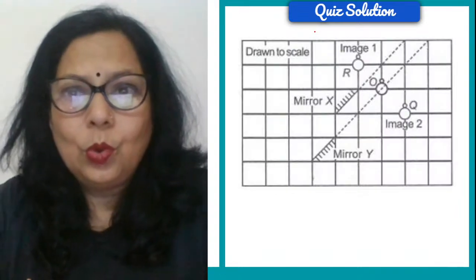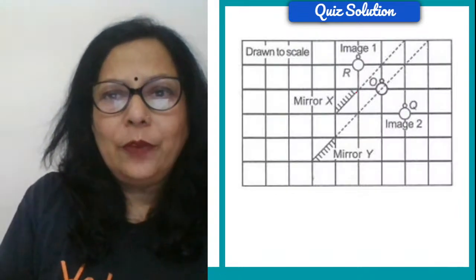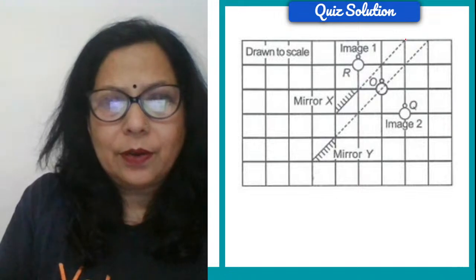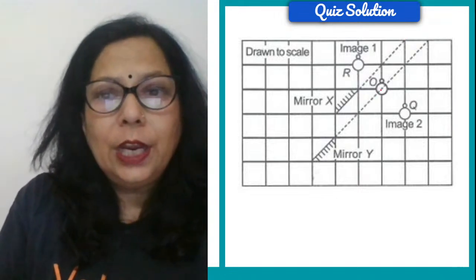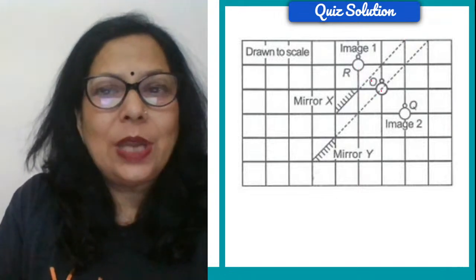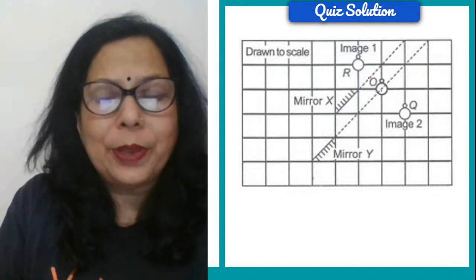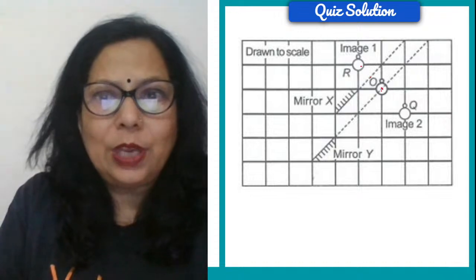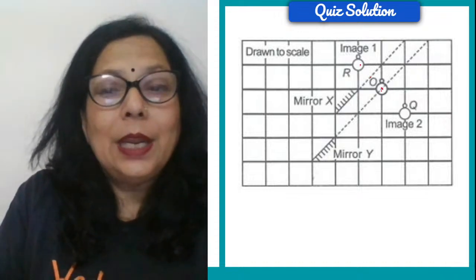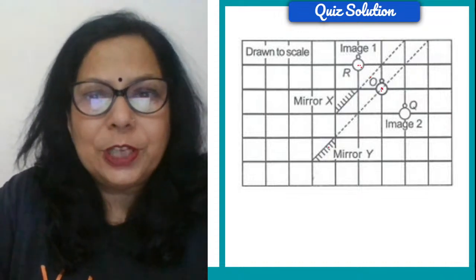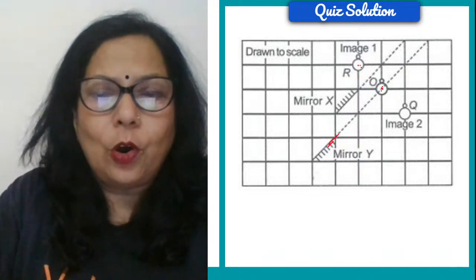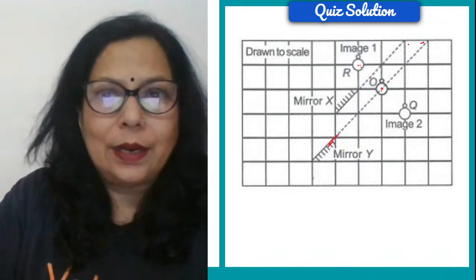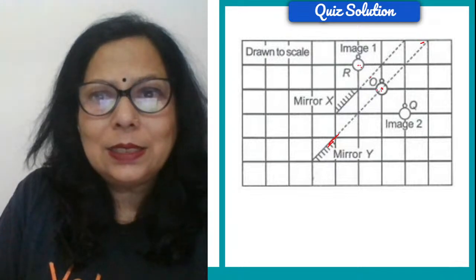See how. This is the object O if you extend this mirror, right? So it will form the image at the same distance from the mirror as the object is. This is the mirror, the object is here, so the image will be formed here. Now this will act as the object for mirror Y when extended. So it is at a distance.